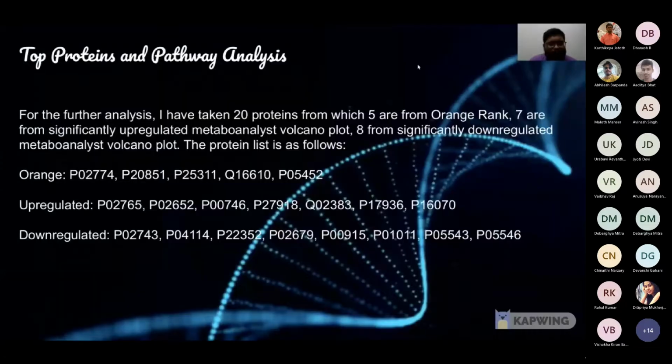Tau proteins and pathway analysis. For the further analysis, I have taken 20 proteins, from which 5 are from Orange, 7 are from the significantly upregulated MetaboAnalyst volcano plot, 8 from the significantly downregulated MetaboAnalyst volcano plot. The protein list is as follows.